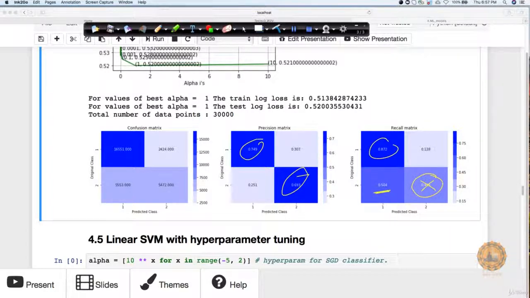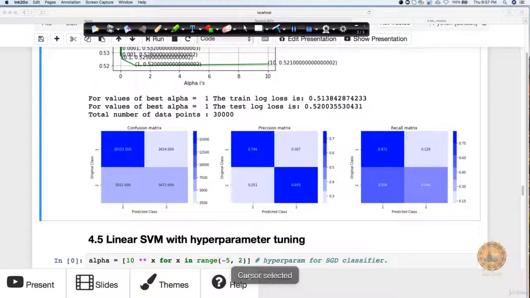Because I am misclassifying almost 50% of my points, which is a big no-no for me, a huge concern. More than 50% of the data we are misclassifying for class 2. For class 1 we are very good, but the second part is definitely a big concern for me.